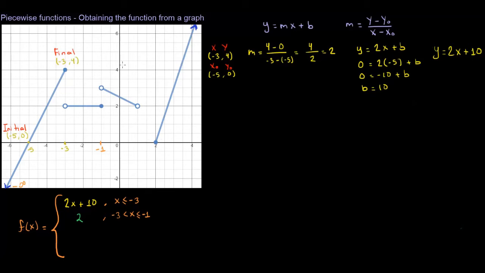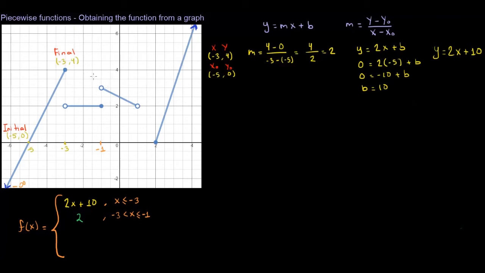So, okay, let's get to a third part, which is this one here. And it's another straight line. I'm going to use here, and we require a couple of points. I'm going to use this one and this one here.